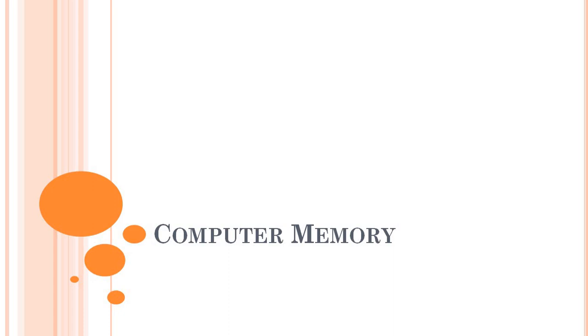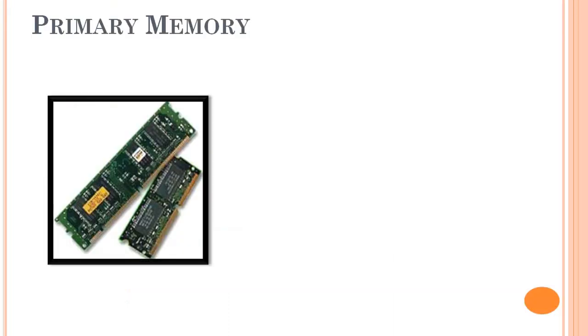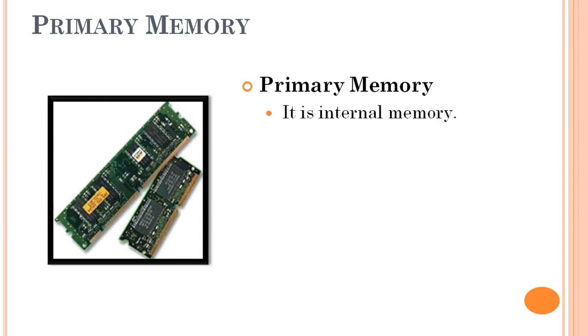The computer memory is basically divided into two types. First type is primary memory. The second type is secondary memory. Let us have a look at primary memory. Primary memory. It is internal memory.